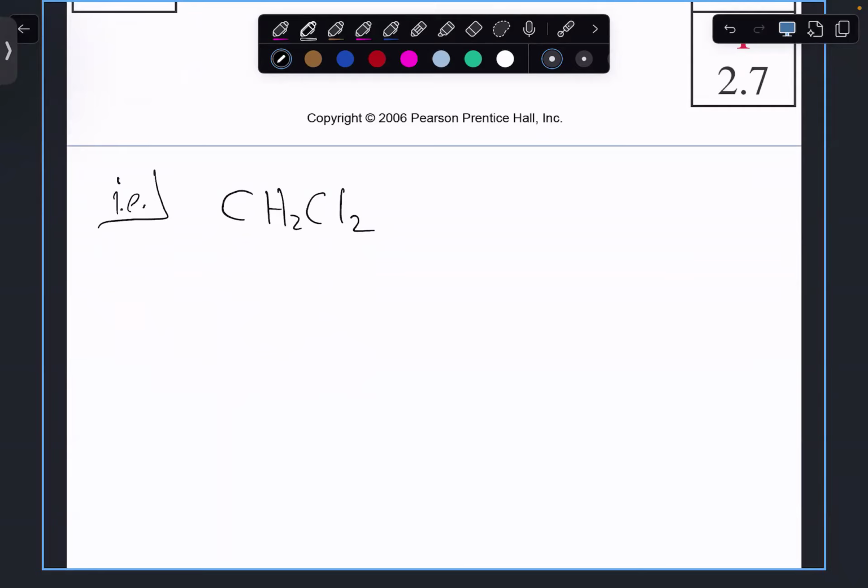Okay, what if I were to give you this one, CH2Cl2. So let's see if we can draw a Lewis structure of this compound. Now remember, carbon has 4 valence electrons. Hydrogens each have 1.